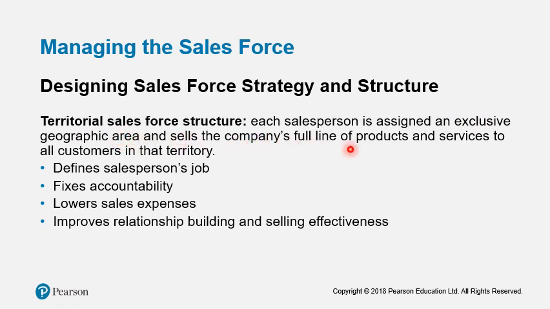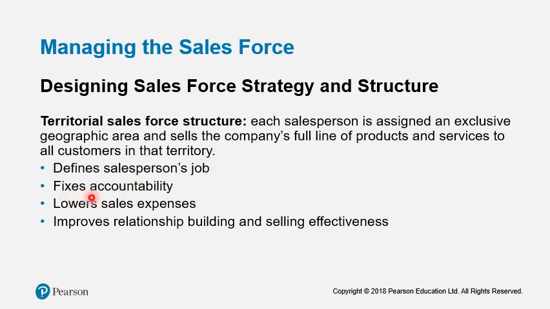the company's full line of products and services to all customers in that particular territory. So it defines the salesperson's job as selling everything the company is selling in that particular geographic location or territory.